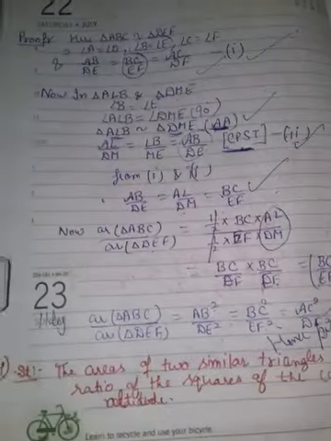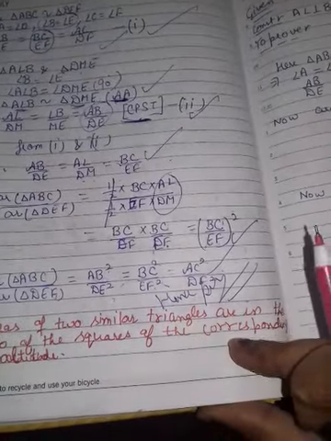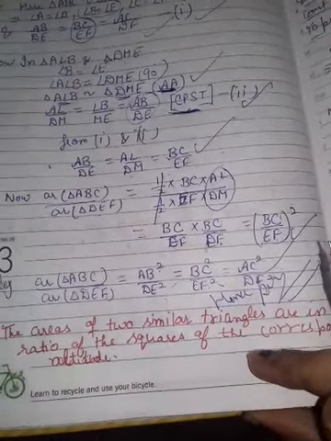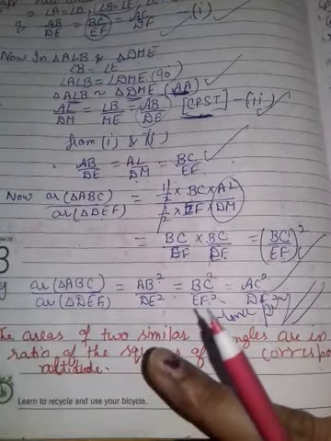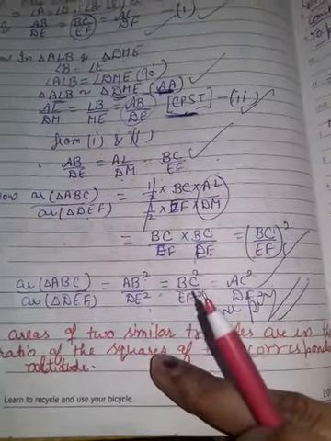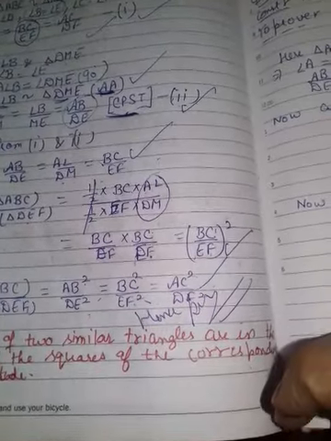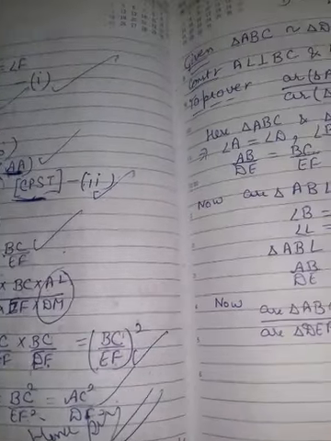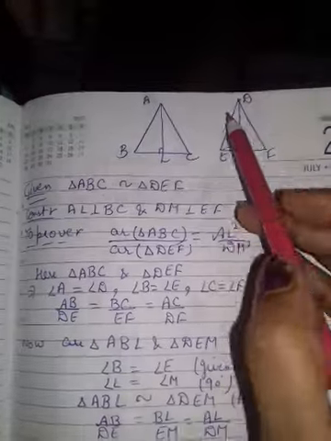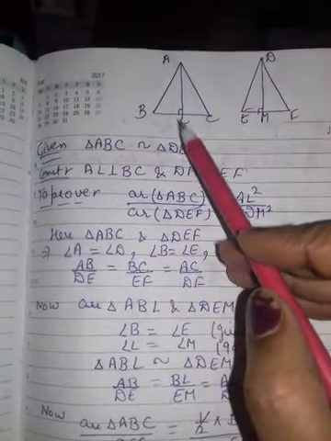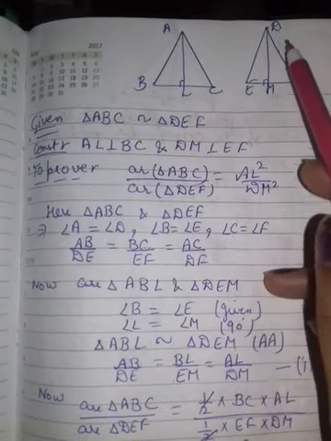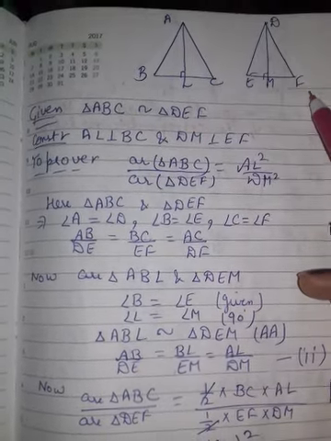Next question: the areas of two similar triangles are in the ratio of the squares of corresponding altitudes. In that part we proved it by corresponding sides. Now you have to prove it by corresponding altitudes. In triangle ABC and triangle DEF, AL is perpendicular to BC and DM is perpendicular to EF.